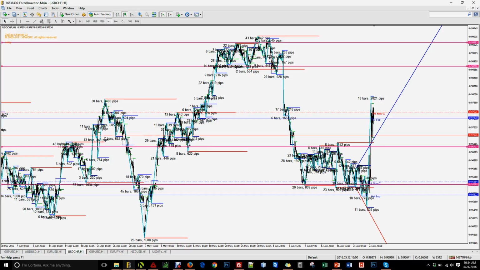Now, with some of the patterns that I'm going to teach you, you would be able to identify that this, if it broke this previous low here, then yes, price would probably continue back down. But if it broke this level here, then price was going to continue up in its uptrend.